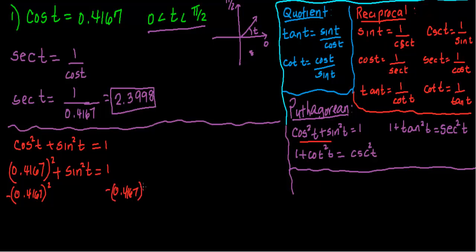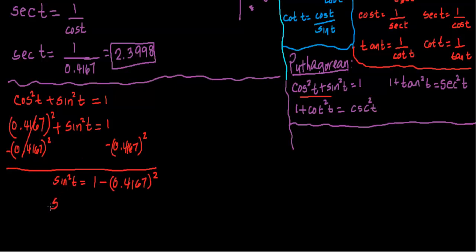This cancels out and I get sine squared of t is equal to 1 minus 0.4167 squared. Let me scroll down, and sine squared of t is equal to 0.8264. And since I have sine squared but I want the sine, I would have to square root both sides.